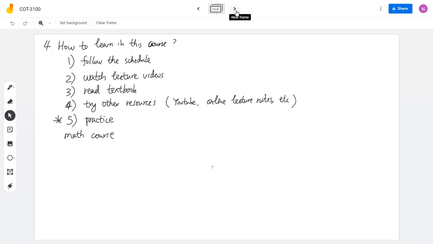And as you know, for a math course, in order to do well, the only way is to practice, that is, doing exercises.